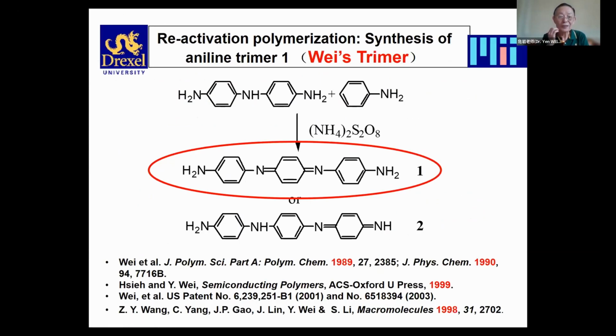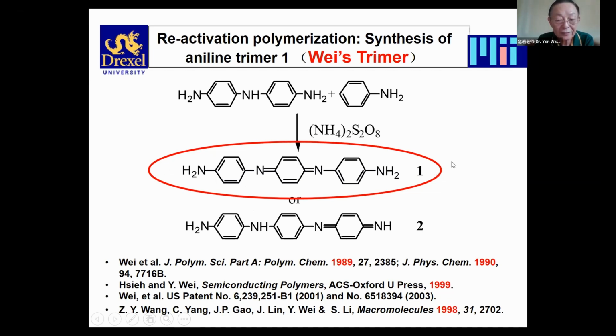Now, what's this aniline oligomers? This is the one of my early papers. When I become assistant professor, we invented this process and prepare this aniline oligomer. You can see that's a conjugated system. Okay, 3 nitrogen, 4 nitrogen, 3 benzene.